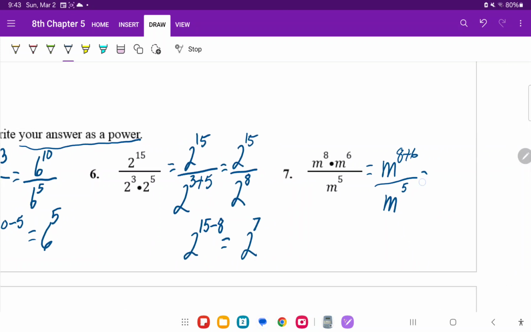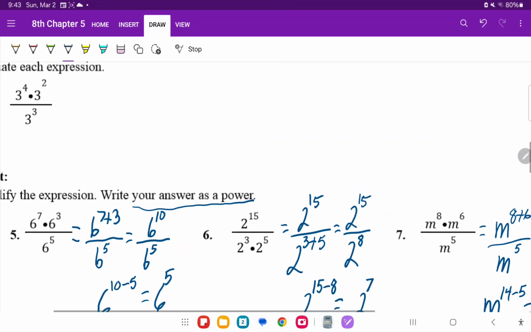All right, so that gives us m to the 14 over m to the 5th, because 8 plus 6 is 14. So then we will subtract the 14 minus 5. So that gives us m to the 9th. There we go.